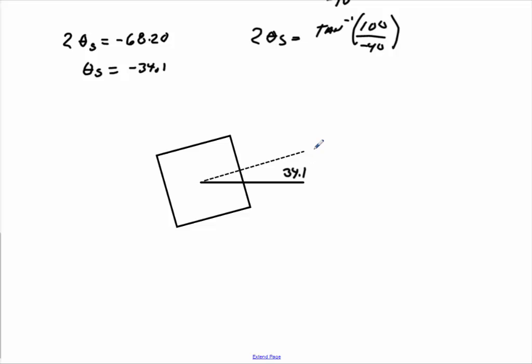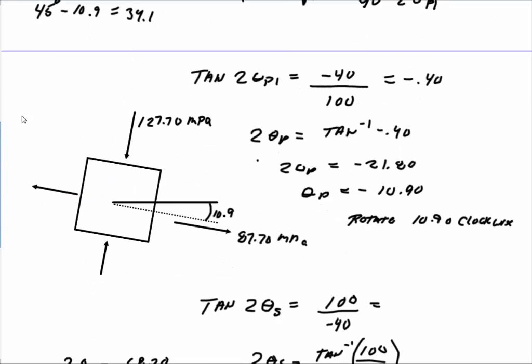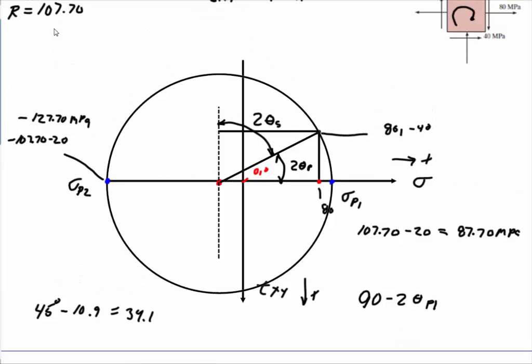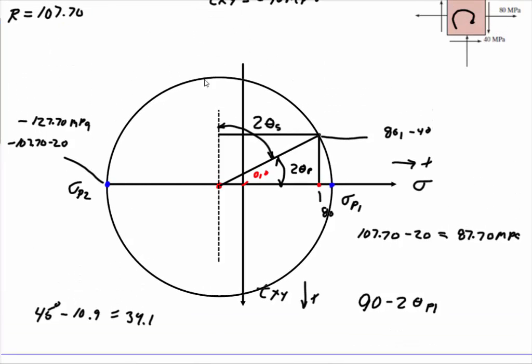Alright, now we can go ahead and add in our shear stress. To do that, we'll go back up to the picture, and the maximum shear stress is going to occur where this axis is going to intersect our circle, and we come down here.